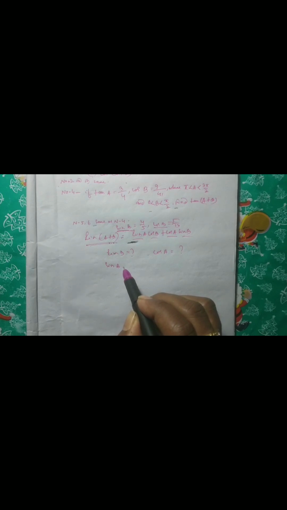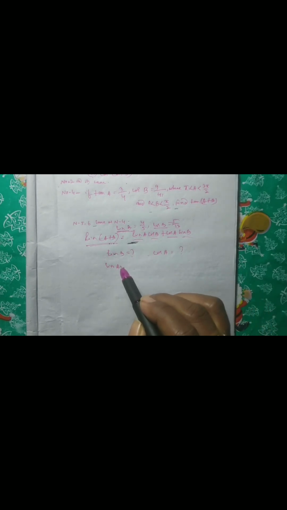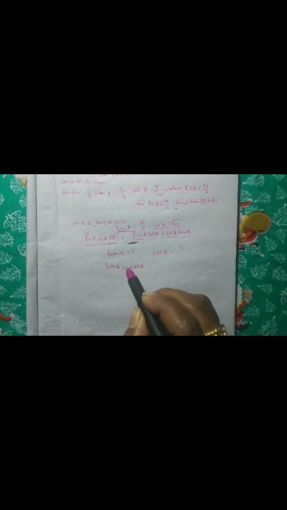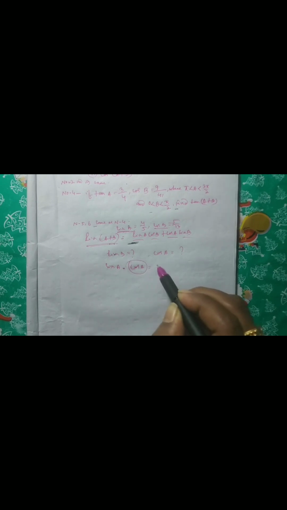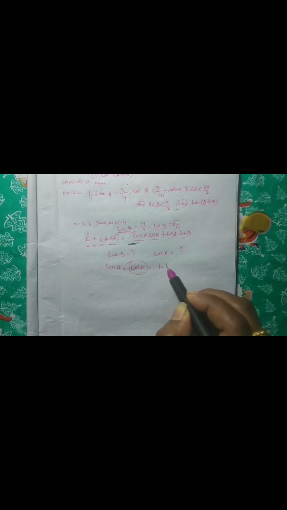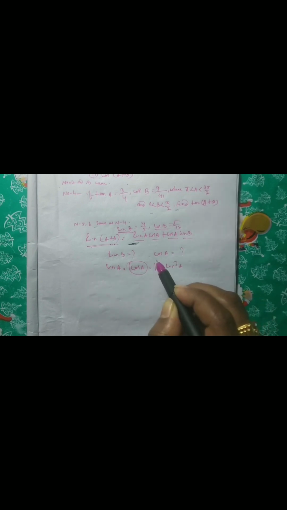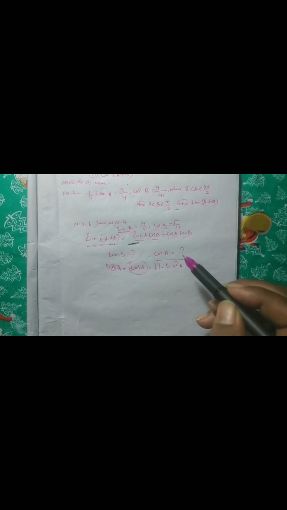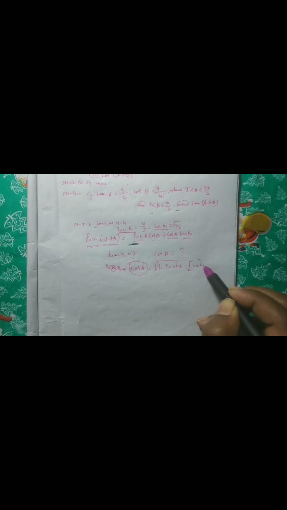First we get cos A. Cos A is equal to the square root of 1 minus sin square A, because we know that sin square theta plus cos square theta is equal to 1. From this identity we get to know.